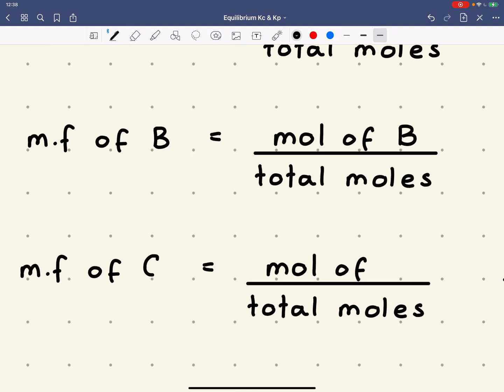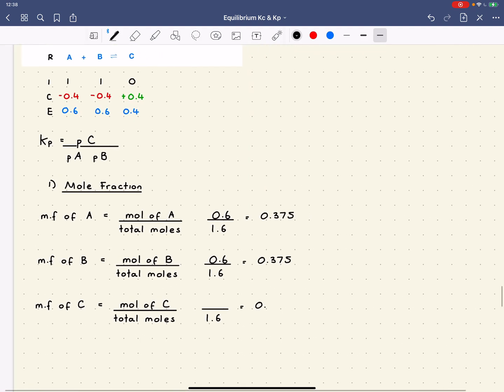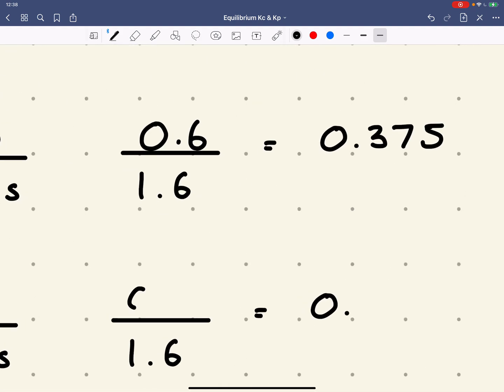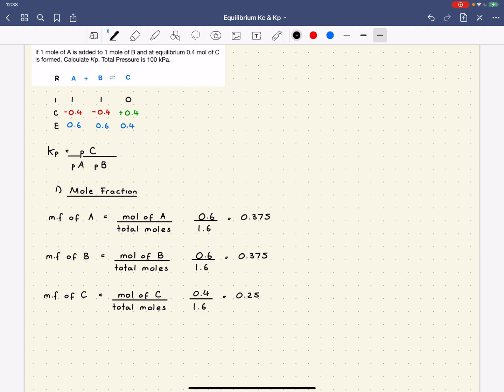But this time, as you can see, at equilibrium we've got 0.4. That gives me 0.25 as my mole fraction. So that's the first thing we need to do. We need to work out the mole fractions of each component at equilibrium.